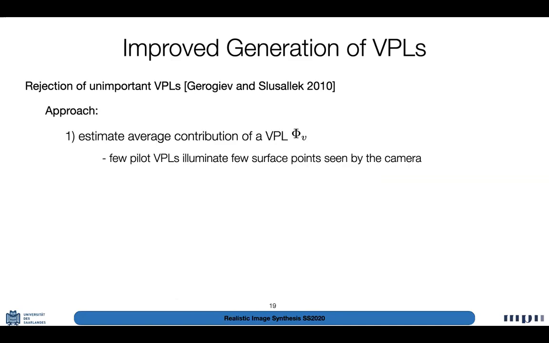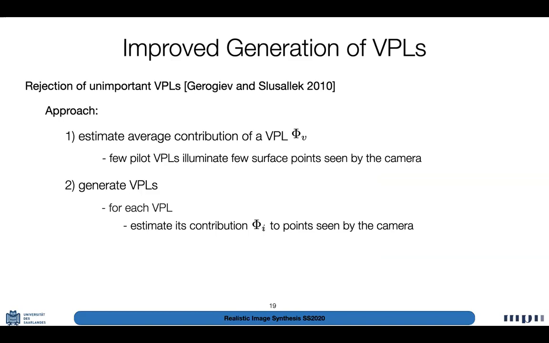So the approach is simple. You first estimate the average contribution of a VPL, denoted by phi of V. You shoot some pilot VPLs to illuminate the surface point seen by the camera, and then you use those pilot points to compute the average. Once you have these averages, then for all the VPLs you generate, let's say you want to estimate the ith VPL contribution, you do it by checking the probability.